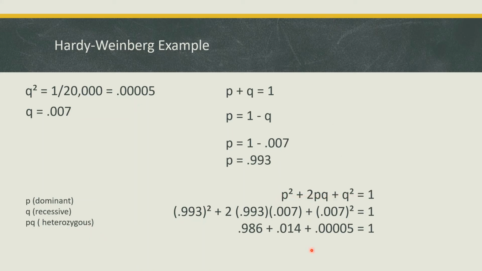We can easily plug in our values of P, 0.993, and Q, 0.007. So P squared is 0.993 squared, plus 2 times 0.993 times 0.007, plus 0.007 squared, which is Q squared. All right, so when we do this calculation, what do we get?